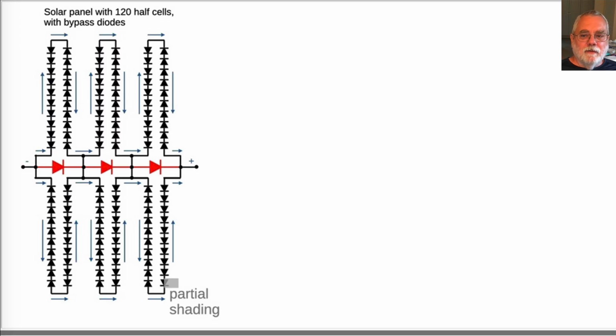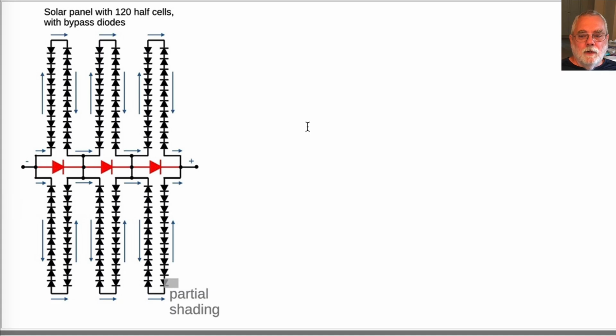If the bottom half of the panel, this half, is less illuminated than the top half, how does the half cell panel compare to the full cell panel? If the right third of the panel, here, is less illuminated than the left two thirds, how does the half cell panel compare to the full cell panel?